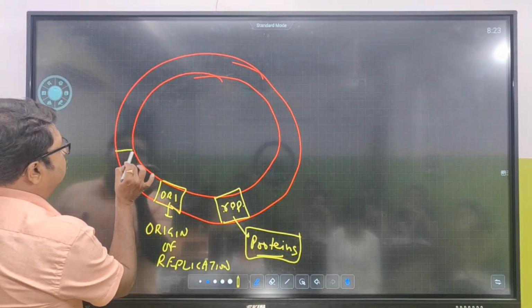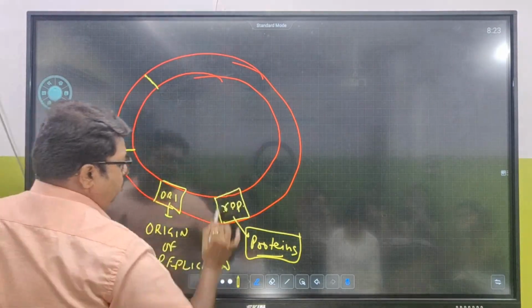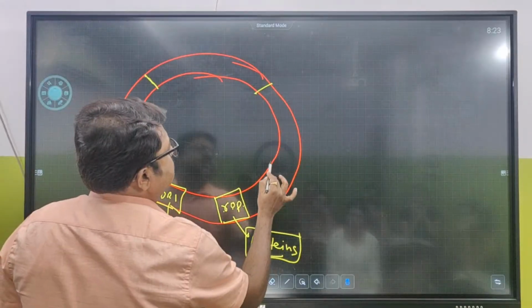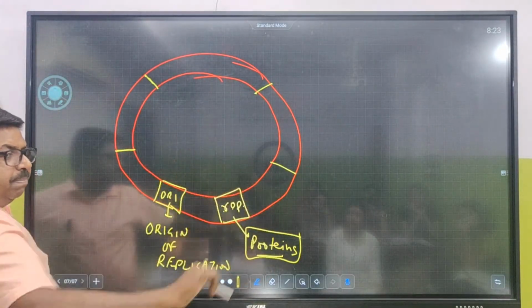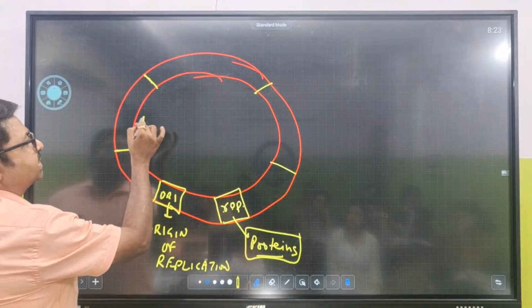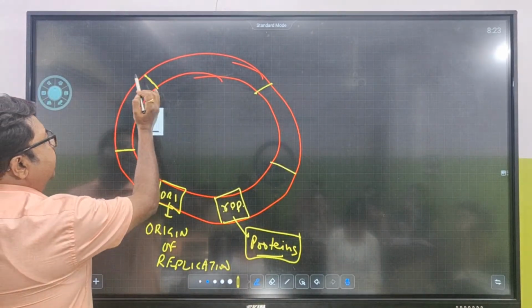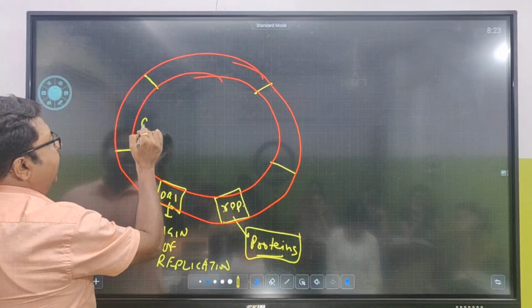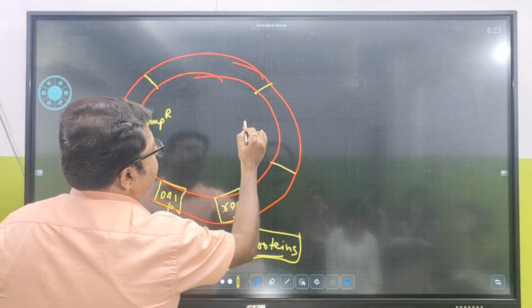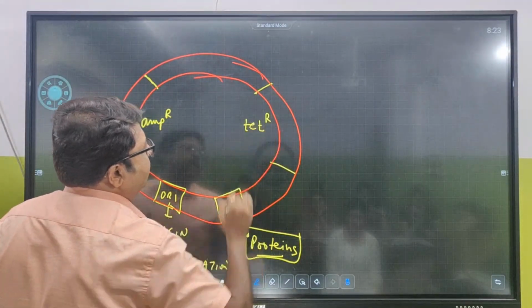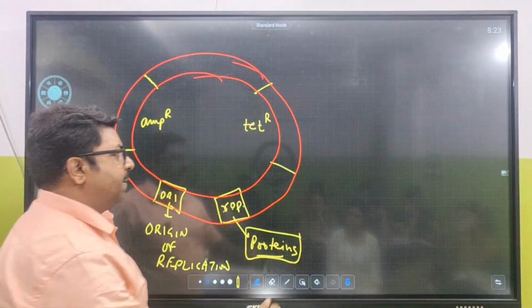Then you can see there are 2 structures like this. Can you see this? 2 of the pink structure present in your book. One is ampicillin, AMPR, and you can see over here TET-R. What is AMPR?